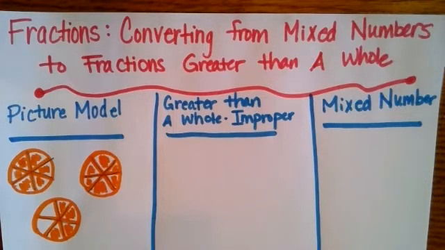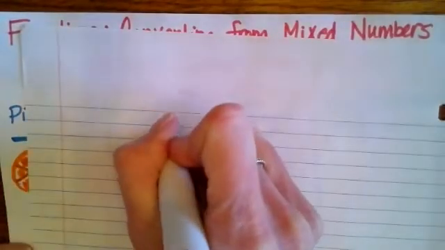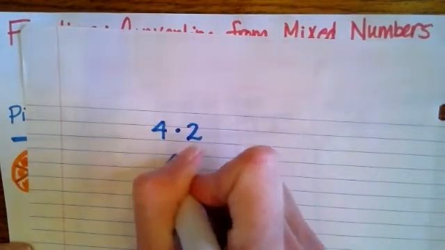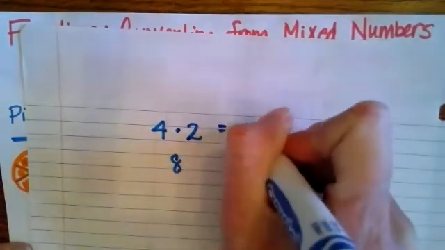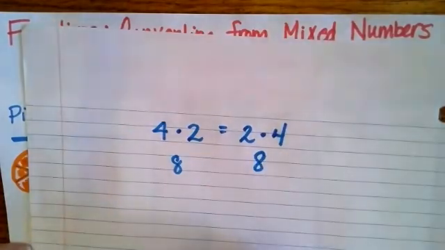We can write fractions in more than one way, the same way that we can write, for example, multiplication problems in more than one way. You all know that 4 times 2 is 8, right? And we also know that 2 times 4 is 8.